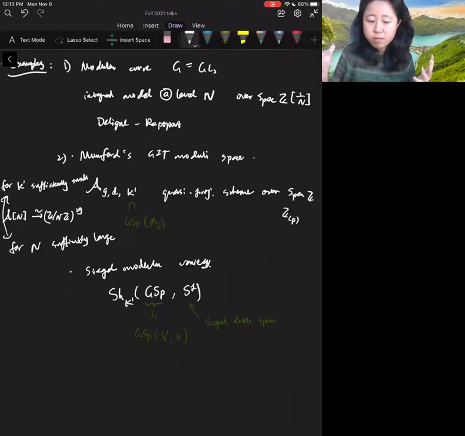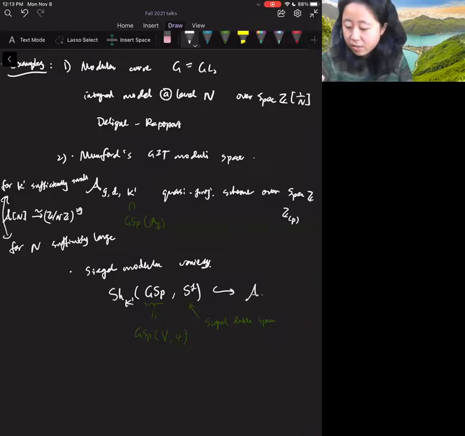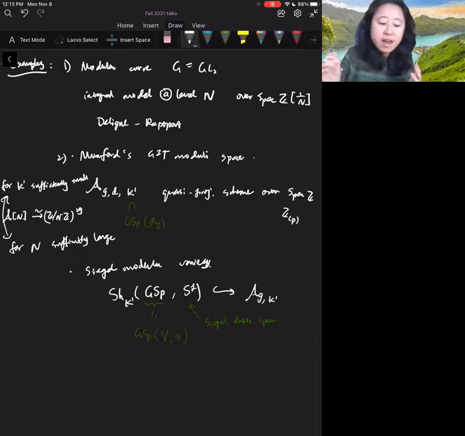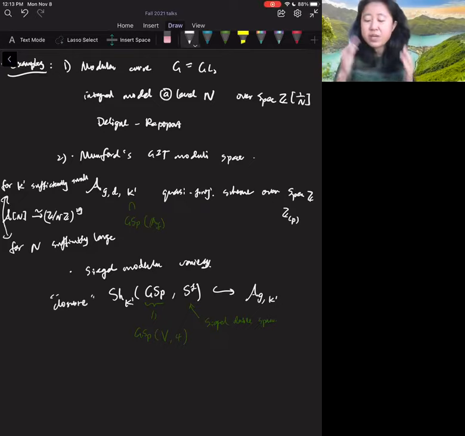So because of this moduli interpretation, you get a natural embedding of the Siegel modular variety inside Mumford's GIT moduli space over Spec Z. If you take the scheme theoretic image of the Siegel modular variety inside Mumford's GIT moduli space, which sometimes in the theory of Shimura varieties and integral models is called the closure, but by that I just mean the scheme theoretic image, so the closure of the Siegel modular variety inside the GIT space is the integral model.